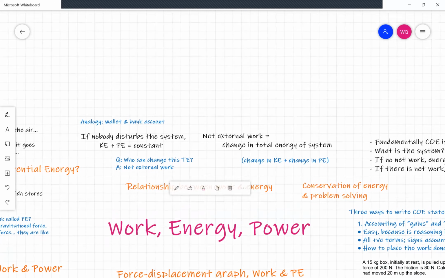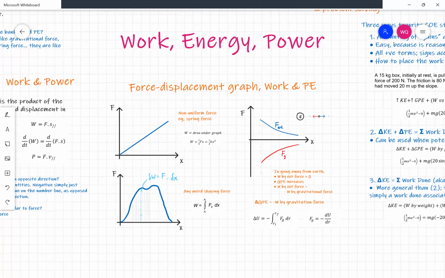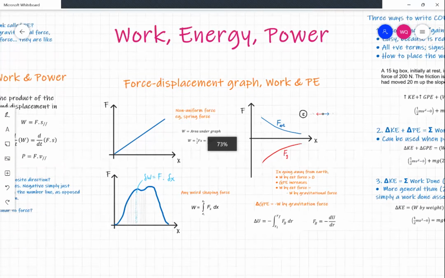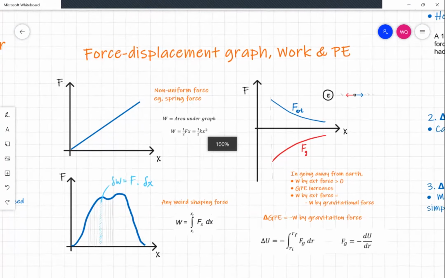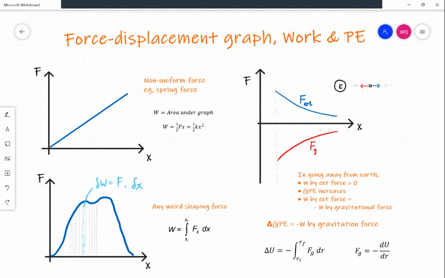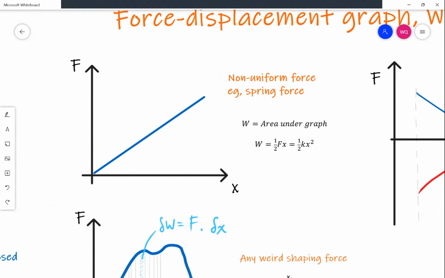Sorry. So now let's dive in a bit deeper into the relationship between work and potential energy. And we'll study this relationship through graphs. So let's first look at a simple graph whereby we have the force vary linearly with x.